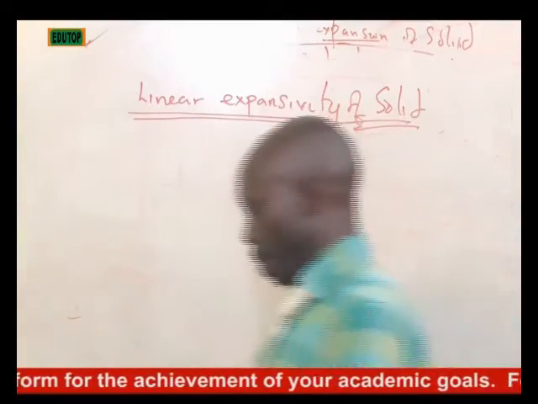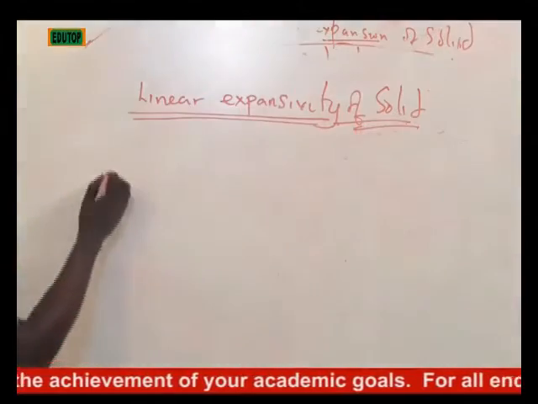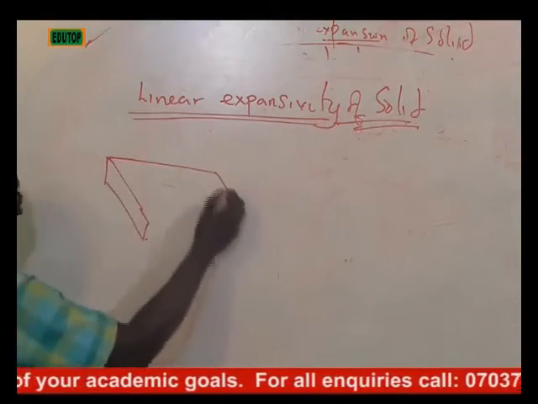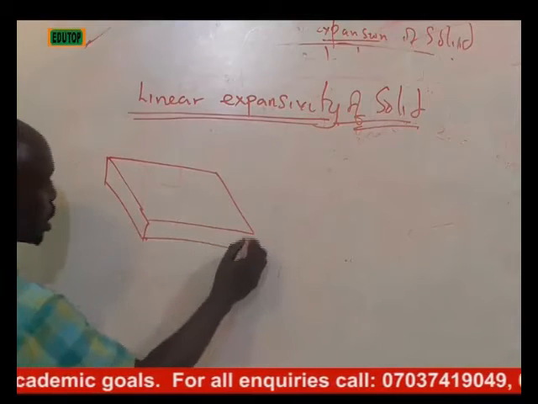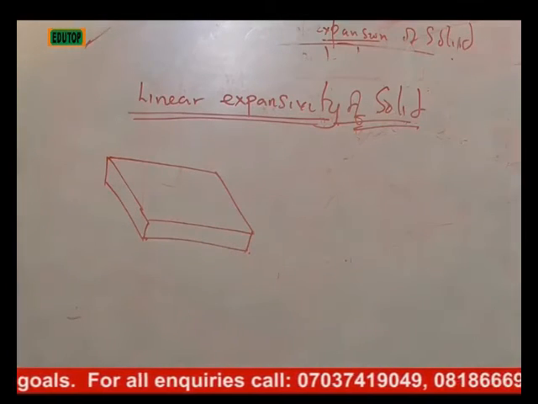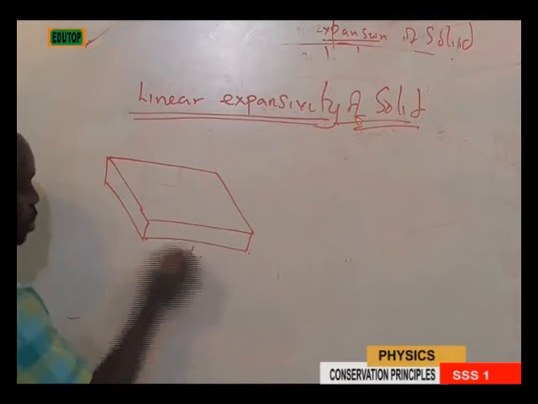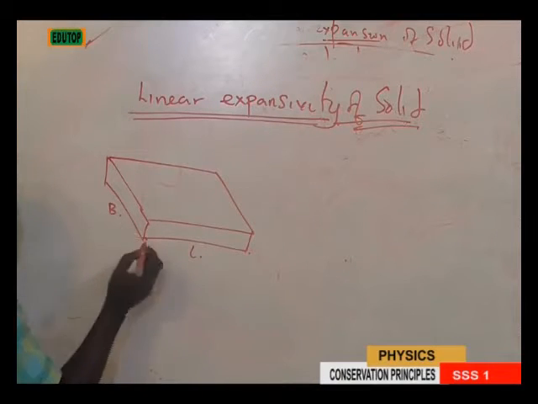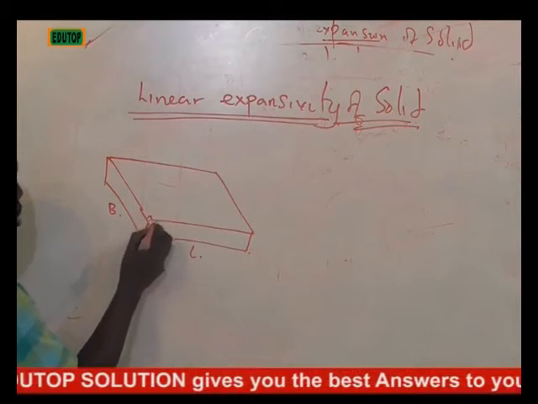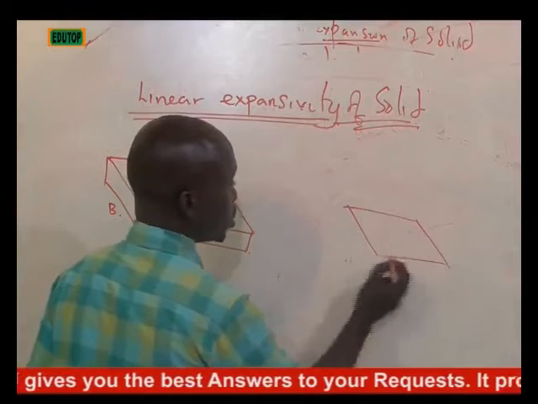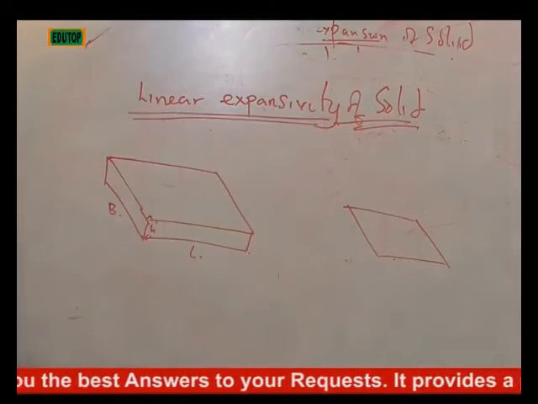What do I mean? This is a cubic body. I'm taking my time to draw it so that you understand what we're actually talking about. This body has a length, a breadth, and a height. If the height was not there, definitely it would be a plane and not a solid.